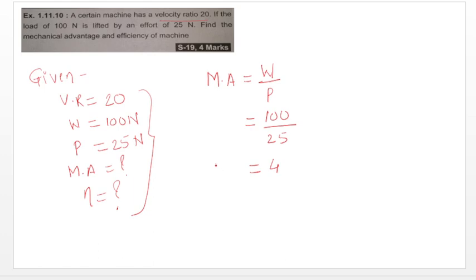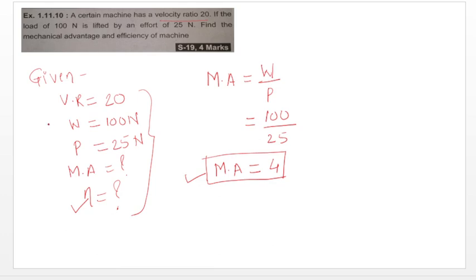This is the mechanical advantage. Obviously you can use the calculator for doing the calculations. It's a very easy calculation. Mechanical advantage and the velocity ratio both have no unit, remember always.